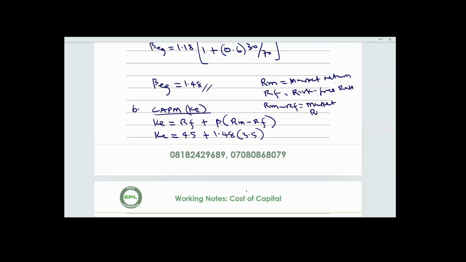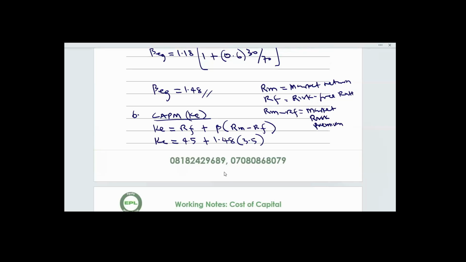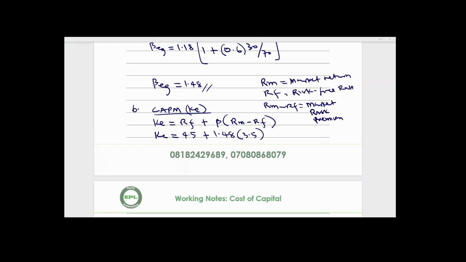Market risk premium is the difference between RM and RF. So in the question, the examiner has given you the equity risk premium. You are told that it is 3.5, which means the difference between market return and the risk-free rate of return is given to you.